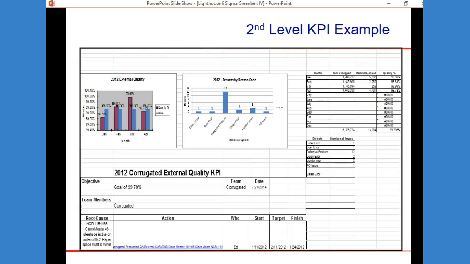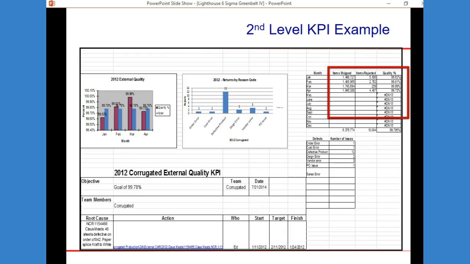So from the second level on down, we start getting into more of a Pareto analysis. So in this example, this is a KPI, which is a key performance indicator, and this is where the data gets entered. So if this was me, I'm measuring external quality, and I'm listing the data to say this is how many pieces shipped, this is how many got rejected, it's calculating the percentage of my quality rejects.